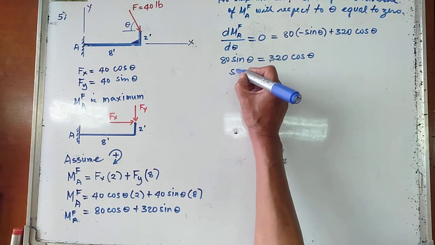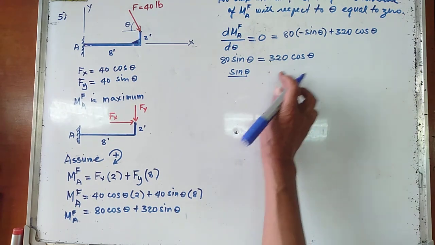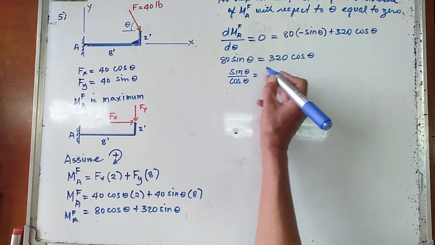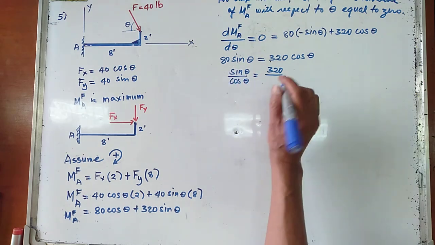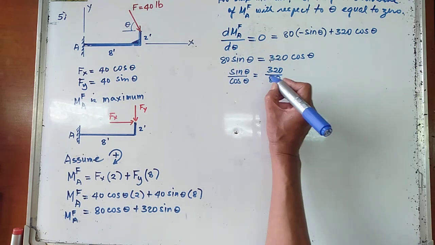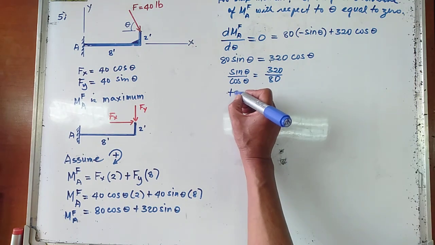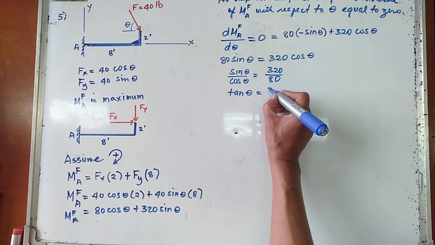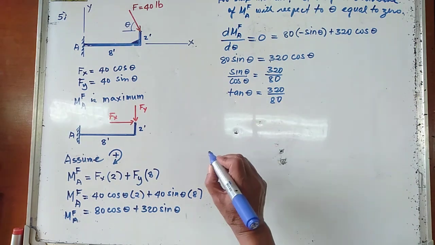So we now have your sine of theta over cosine of theta is equal to 320 all over 80. Sine theta over cosine of theta is now equal to tangent of theta, and that is equal to 320 all over 80.